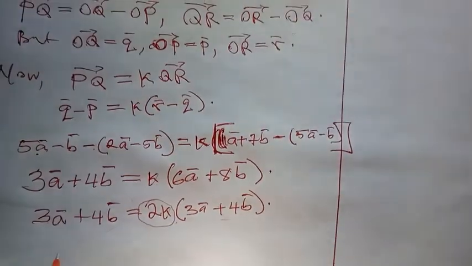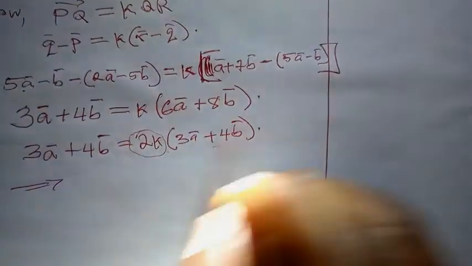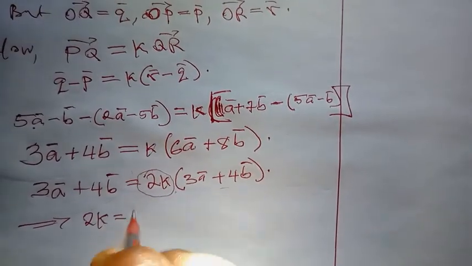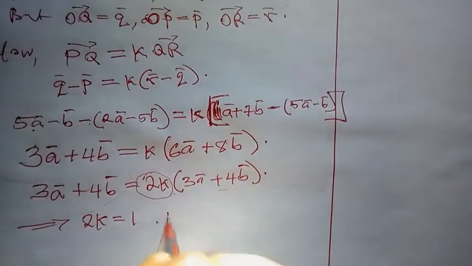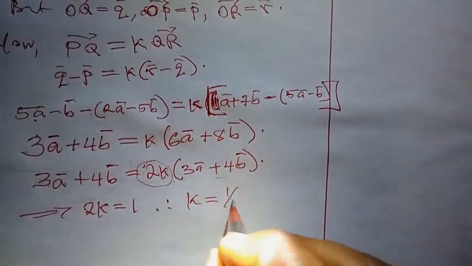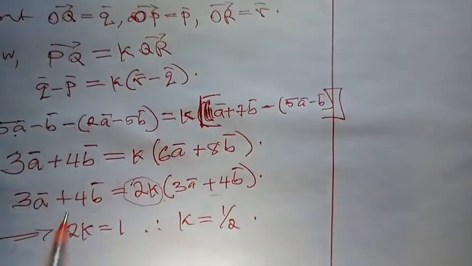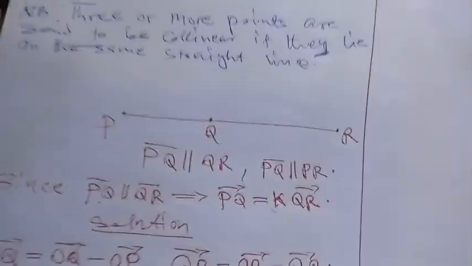So 2K has to be equal to 1, which means that K is equal to 1 over 2.